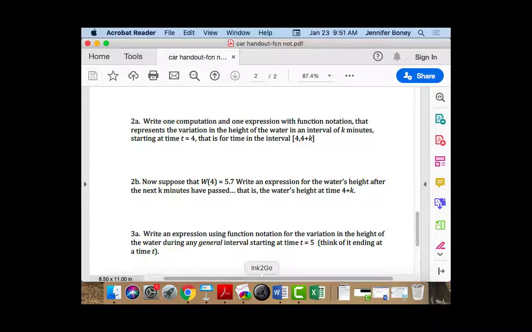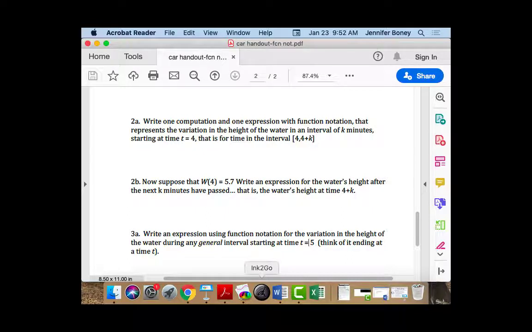So this is pretty similar to the expression you did in your quiz at the start of class today. That one didn't have anything to do with any constant rates of travel, just finding the distance traveled during that time interval. This is the amount that the height of the water in the sink would have decreased by.